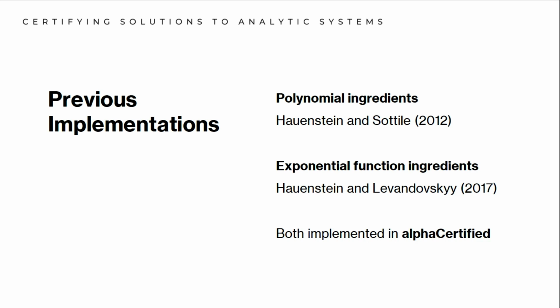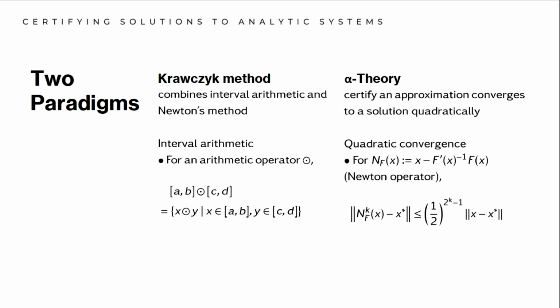But let me just say in this case, their work only works with alpha theory. The Krawczyk method was first used in this work. Even though it was quite well known among numerical analysis people, it is the first time that this standard Krawczyk method in interval arithmetic was used this way. Numerical people don't know these things. But the interval community, of course.